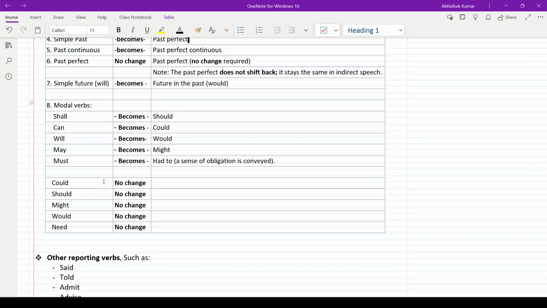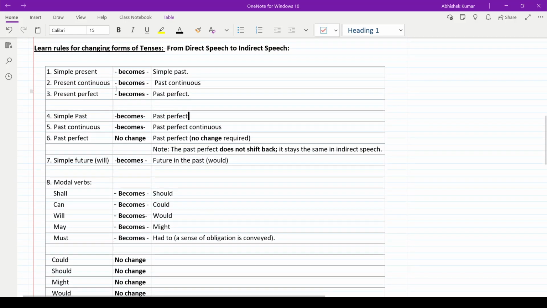There are other rules also for imperatives or sentences where the reporting verb is in has, like she has done, she has said. So those parts I will be covering each day one by one so that it will be easy for all of you to understand.